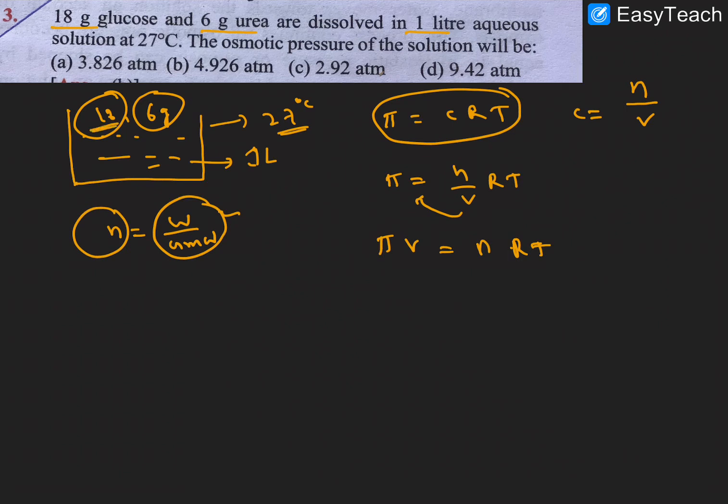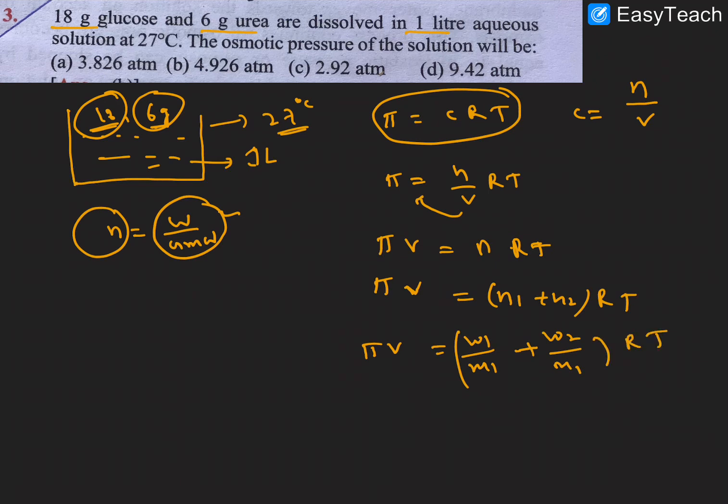Here two different solids are there, one is glucose and another one is urea. So pi into v equal to n1 plus n2 into RT, that is, weight of glucose by its molecular weight plus weight of urea by molecular weight of urea, into RT.